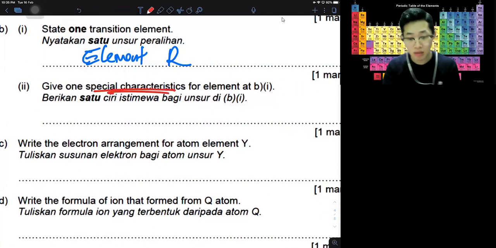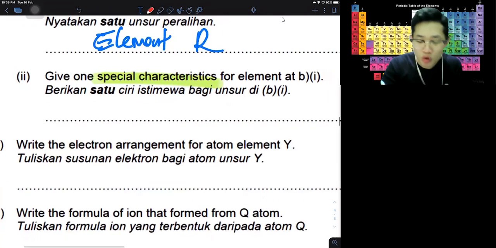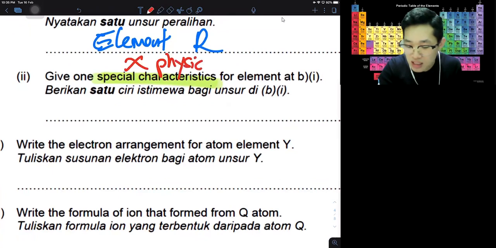One special characteristic. Remember, when people say special characteristic, don't give me physical property.